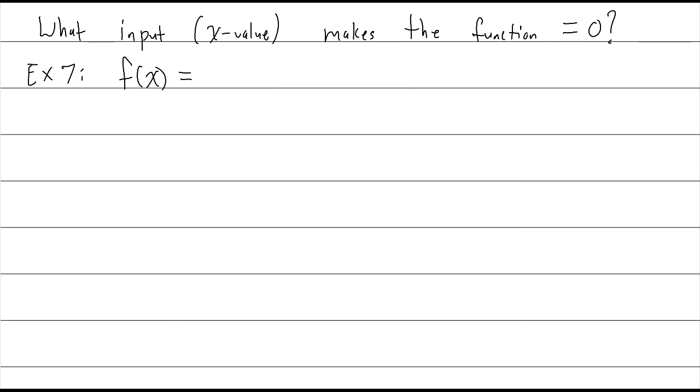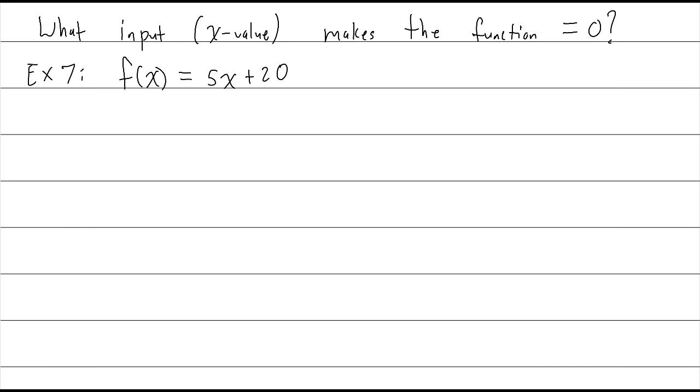F of x is equal to 5x plus 20. Remember, f of x you can consider just as y, right? It's the same thing. But we want to figure out what x has to be so that this whole thing equals 0. Don't fall for the rookie mistake of plugging in 0 for x. Don't do that. That's not what you're doing. We don't know what x is.